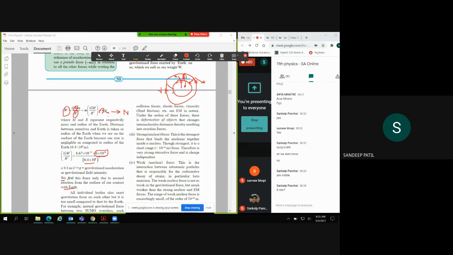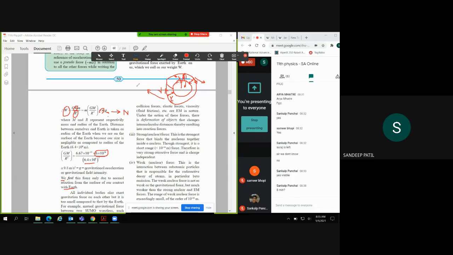And if this distance is more than the critical distance from the Earth, so suppose this is R and RC, and it is moving at velocity v, and R is more than RC, then this rocket will go outside the gravitational force of the Earth, and there will be no gravitational force from the Earth, and it will go to space, right?